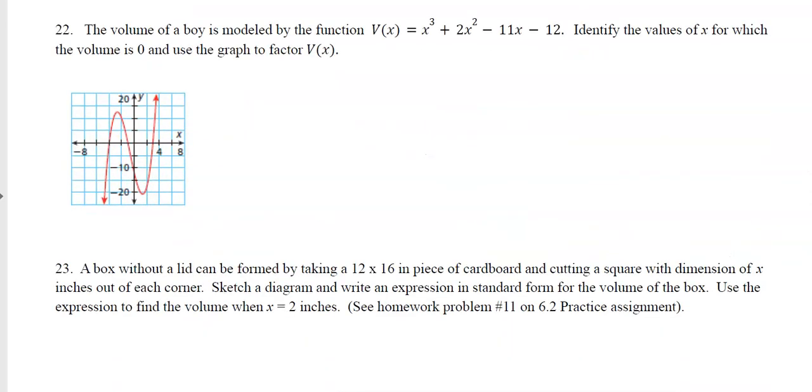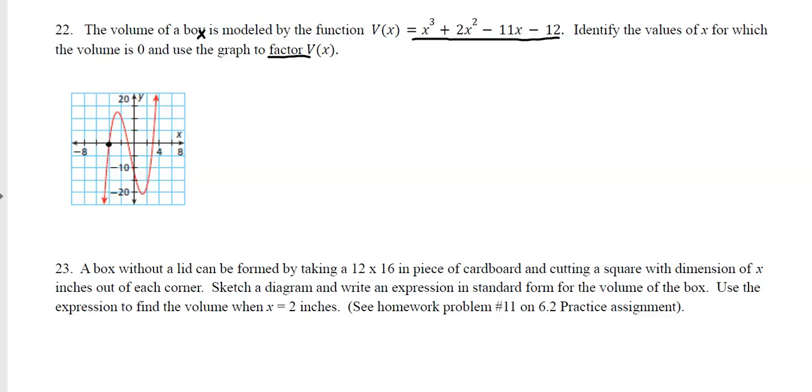All right, number 22 should say the volume of a box. The volume of a box is modeled by that function. Identify the values for x where the volume is 0, and then use the graph to factor it. So I want to break this down into 2 or 3 pieces that multiply together to make it. But first of all, where does it look like it's 0?